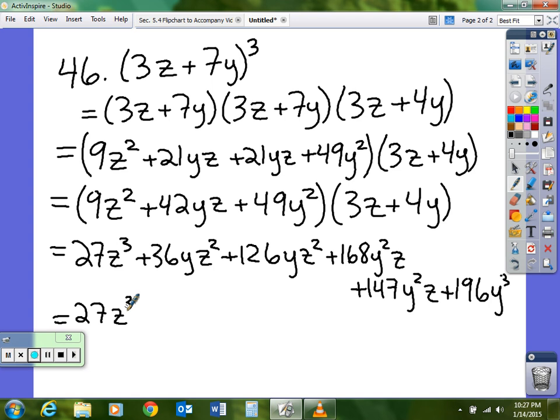There are two yz squared terms. 63 plus 126 will leave us with 189yz squared. 294 and 147 will leave us with 441.